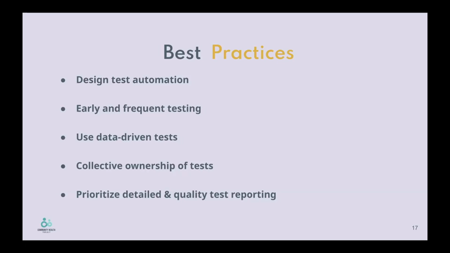Next up, we have the data-driven tests that I talked about. And then we have collective ownership of tests. So here you make sure that all the development team members are aware of what it means to write tests. Initially, there was a form of working where you'd have one test engineer and then the rest of the team focuses on building out features.